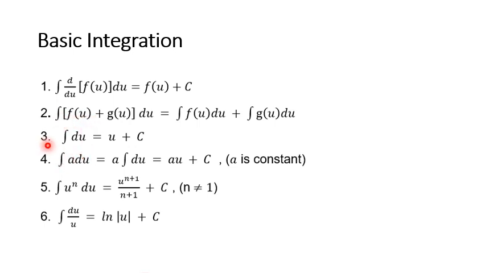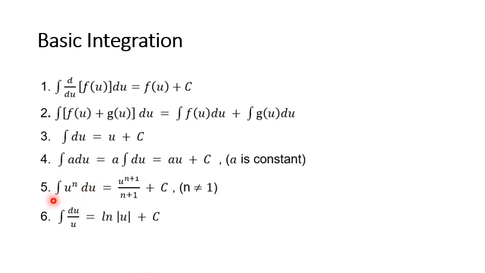Now here we have integration of du is equal to u plus c, and if we have constants in our integration, you just simply factor out the constant, so you will have integration of a u du is equal to a times integration of du is equal to au plus c, where a is a constant value.